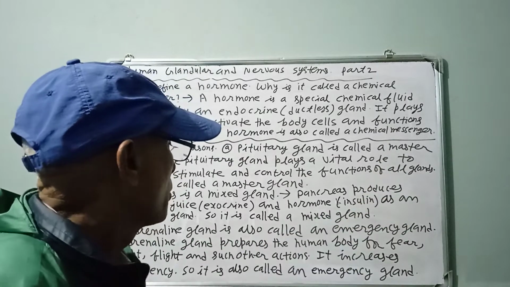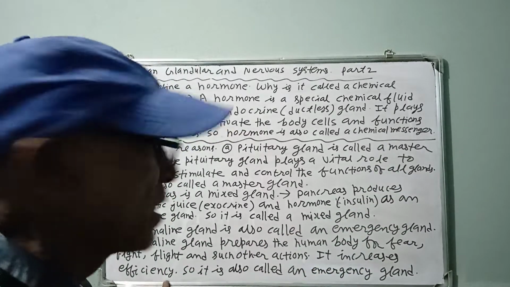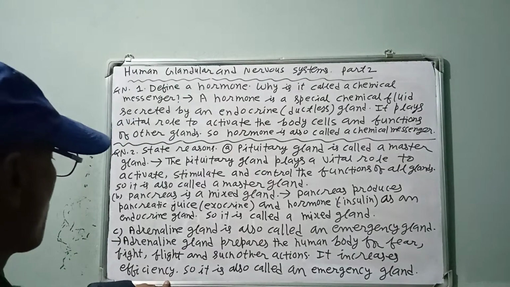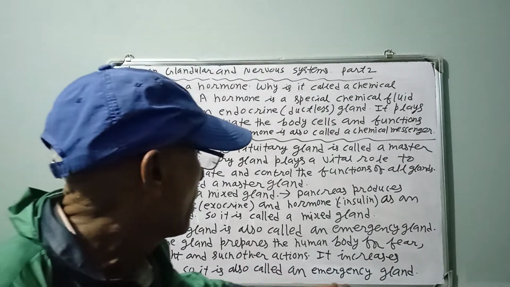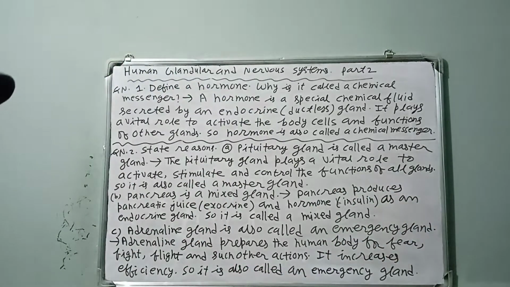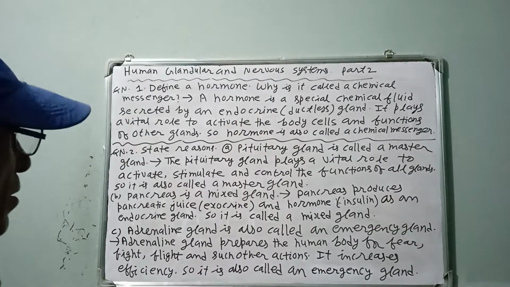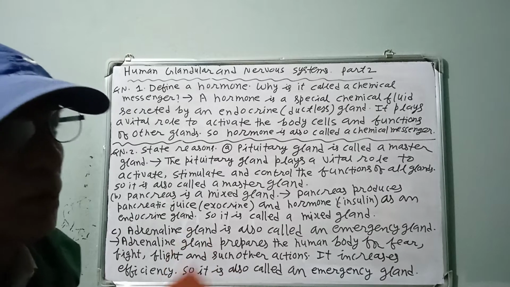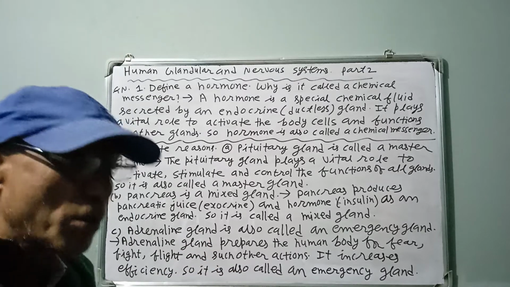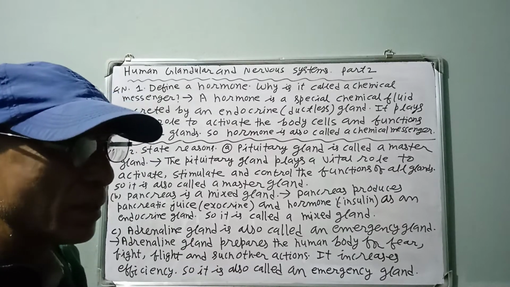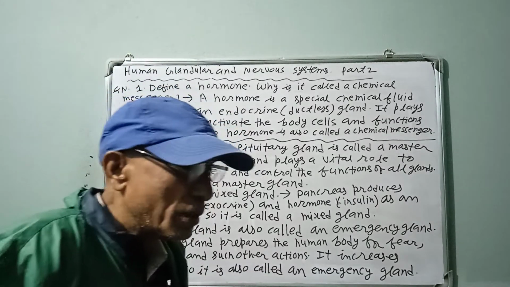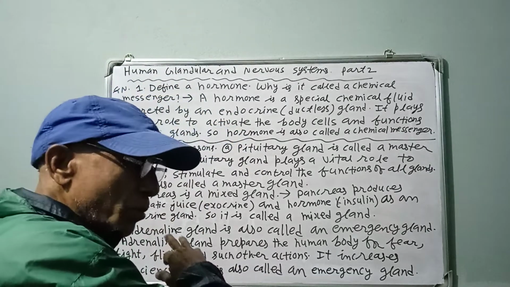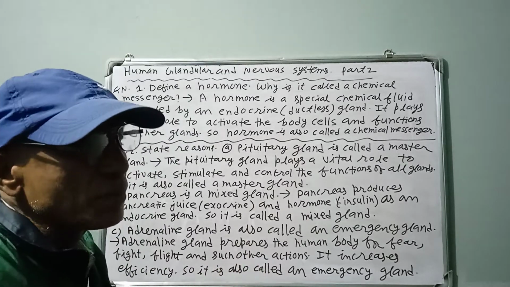So it increases efficiency of the human body. So it is also called an emergency gland. For example, suppose you are on a house roof, you saw a snake or some danger, you can jump out of the house at once. Means you are just ready to jump out, although it is very difficult.